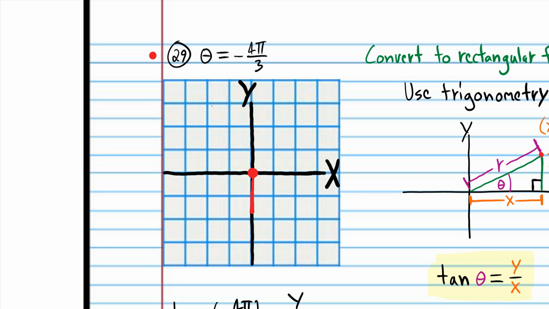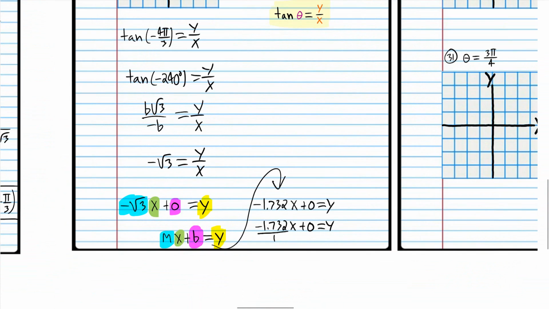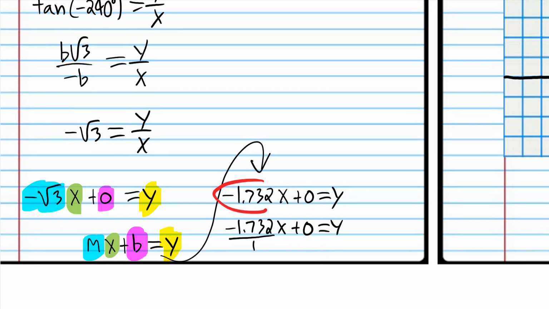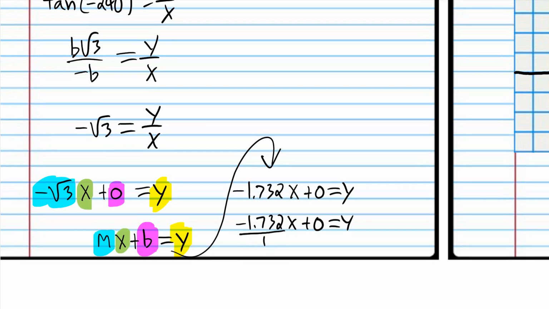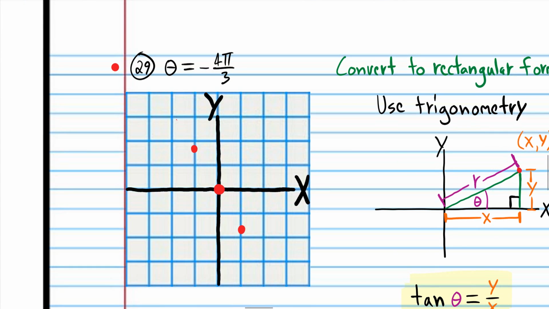That's the rise, and the run is 1. Then we get our next point, and we can do the same thing going in the other direction. So again, the rise is negative 1.732, which is actually going down, it's not rising, and then the run is 1. So again, you start with your y-intercept, you mark that point, and then you use your rise over run. So now we can just connect the dots, and we're done.